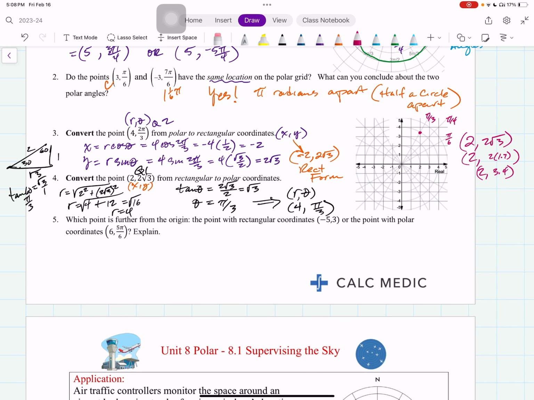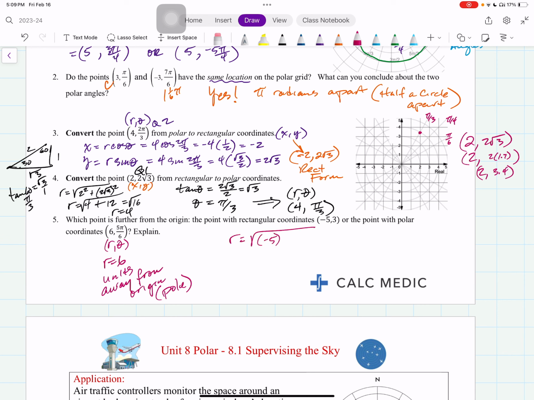And then last one here, number 5. Which point is further from the origin? The point with these rectangular coordinates, or the point with the polar form? Well, in polar form, we know that r is 6 here, so it's 6 units away from the origin, or you can say pole. So the only thing you have to do is figure out the r value here, your distance from the pole.